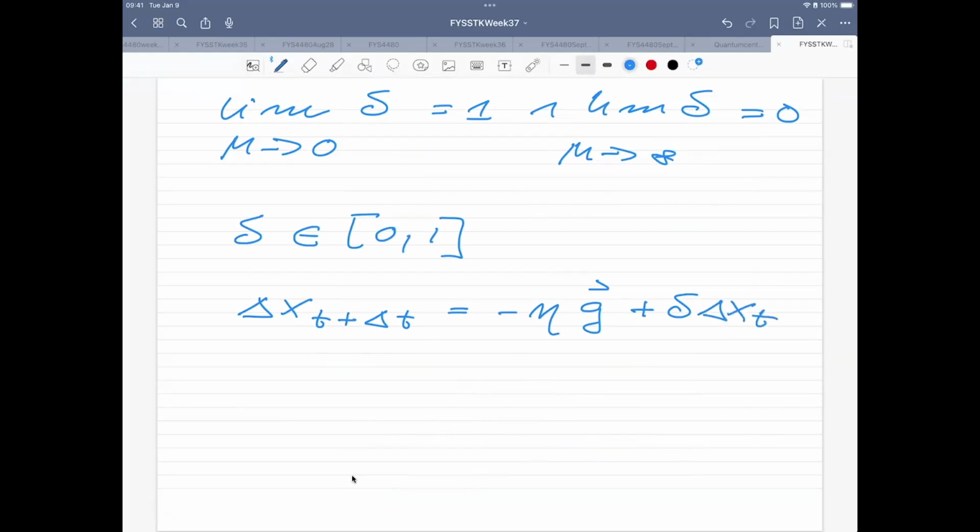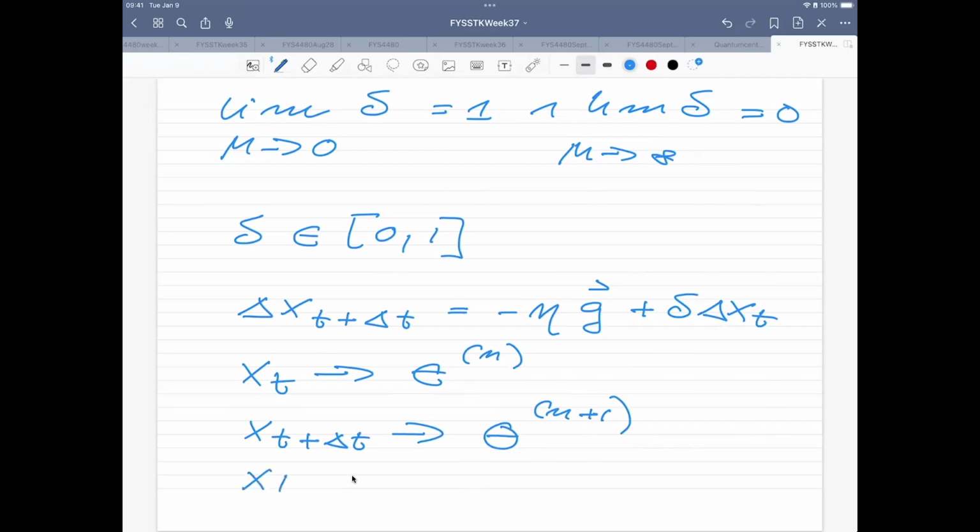And now we do something else. We let x of t go over to theta of n, our parameter. We let x of t plus delta t be theta of n plus 1. And then we let x of t minus delta t be our theta of n minus 1, so one step behind.